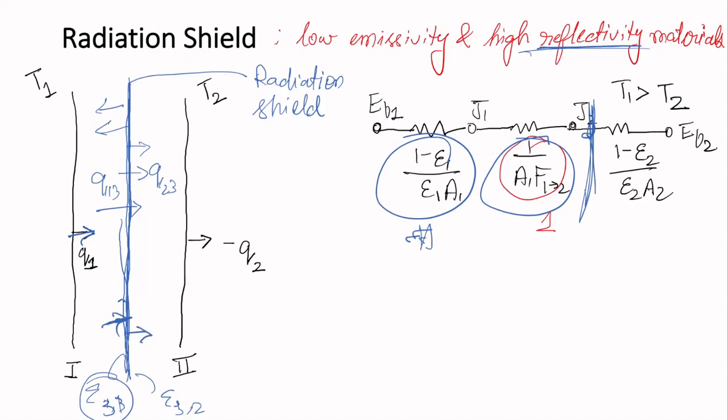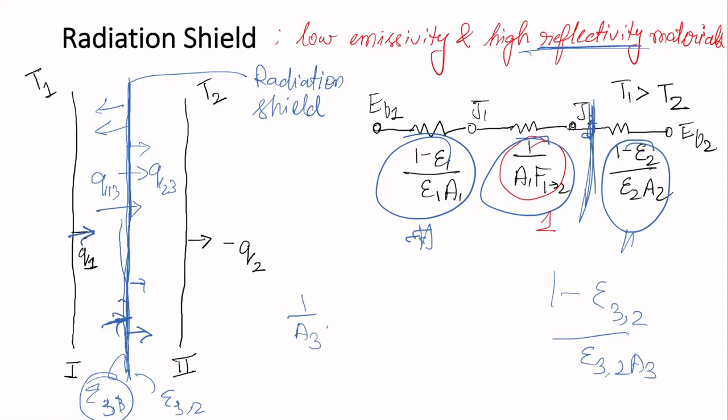Now to go to here, there will be this resistance, 1 minus epsilon 3 2 by epsilon 3 2 A3. Now this is the flux that is being emitted by the surface 3 to the second plate. Then there will be the view factor coming in, 1 by A3 F32, and then there will be the emission that is getting absorbed by this second plate, 1 minus epsilon 2 upon epsilon 2 A2.